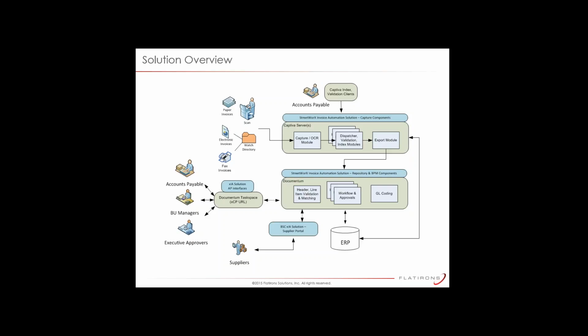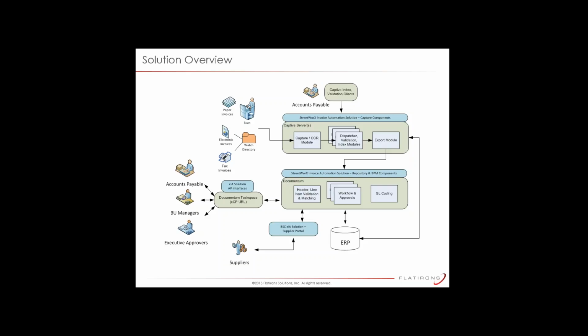So content comes in, invoices or expense reports, through any number of sources. They're routed through Captiva. There are individuals who are able to do validation or index clients to manage exceptions and potentially fix indexing issues. Once Captiva is complete, it's sent to Documentum for approvals and GL coding and a number of factors and functions you may do within the Documentum and XCP workflow environment.